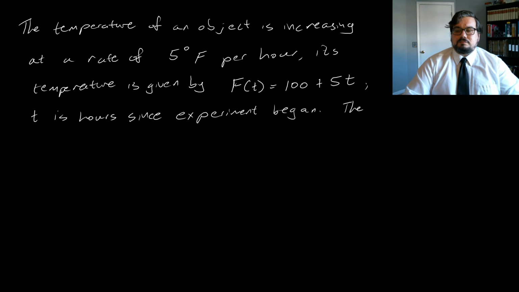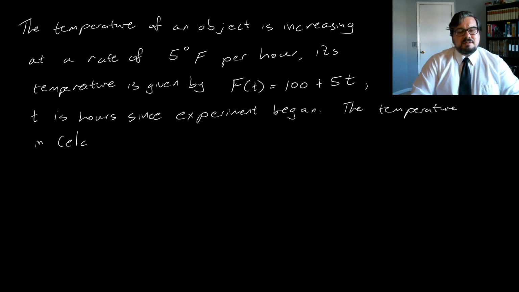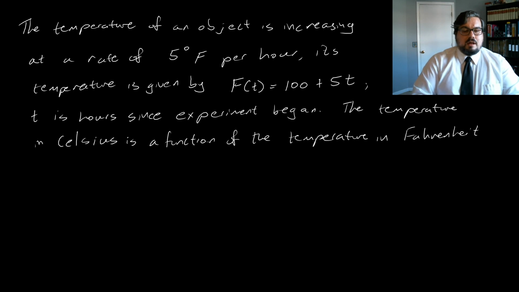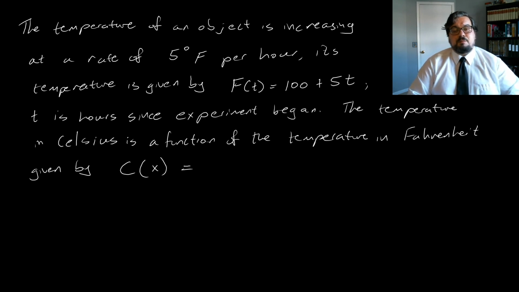Now, the temperature in Celsius is a function, I should say, of the temperature in Fahrenheit, given by C of x, the Celsius measure of a temperature with x degrees Fahrenheit, is given as 5/9 times x minus 32.